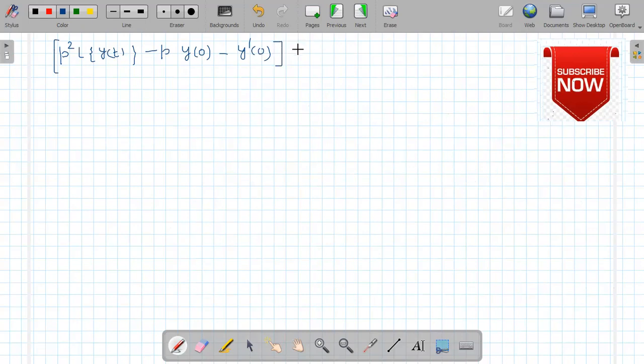Then for the second term, it is minus 3 times (p Laplace of y(t) minus y at 0) again, and for the third term it is 2 Laplace of y(t), and here we have Laplace transform of e raised to the power 2t.